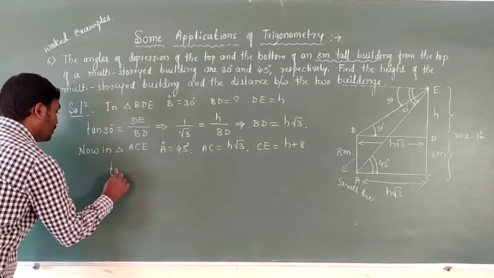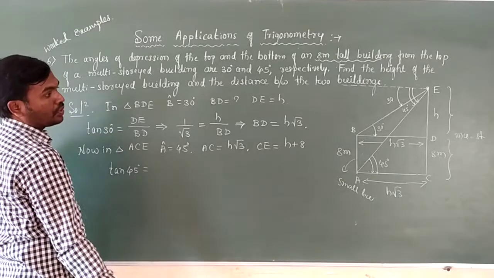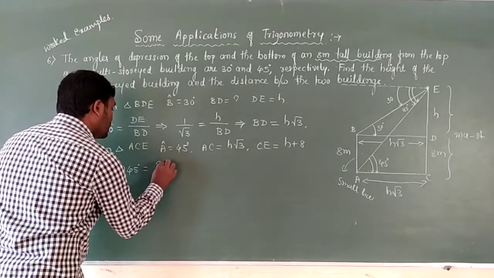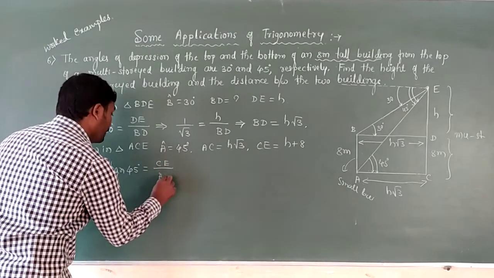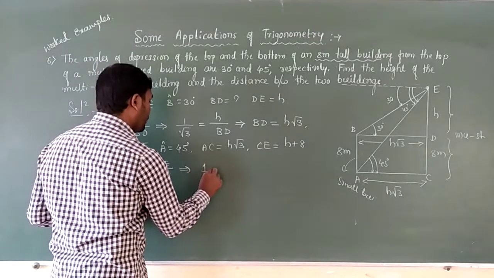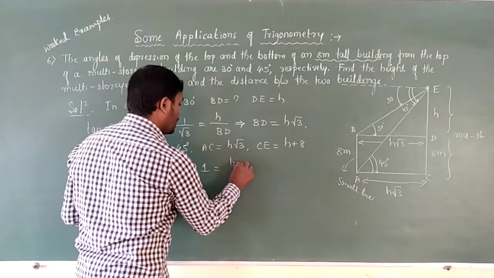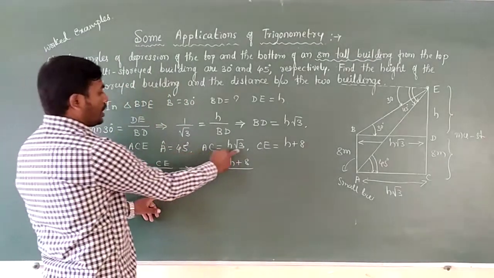So tan 45 degrees is equal to opposite, that is CE, divided by adjacent, AC. So tan 45 is 1. 1 is equal to CE, which we know is H plus 8, divided by AC, which is H root 3.